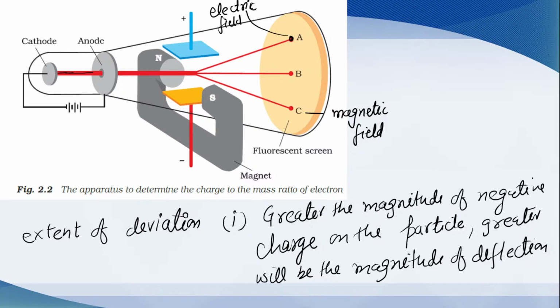So from the magnitude of the two fields, it is possible to calculate the charge to mass ratio for the electron.